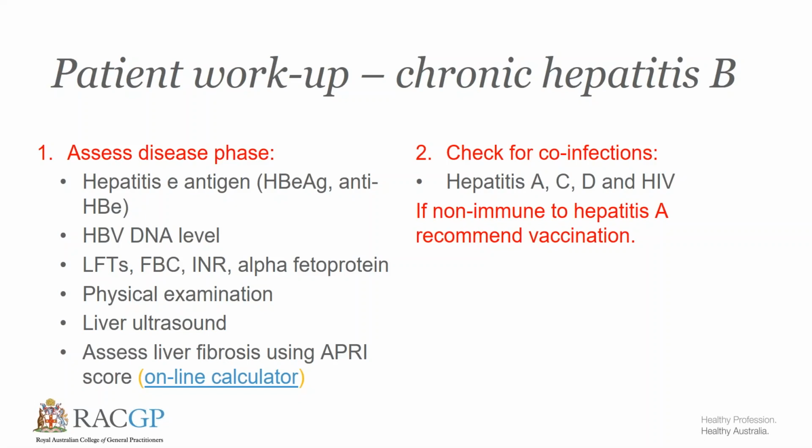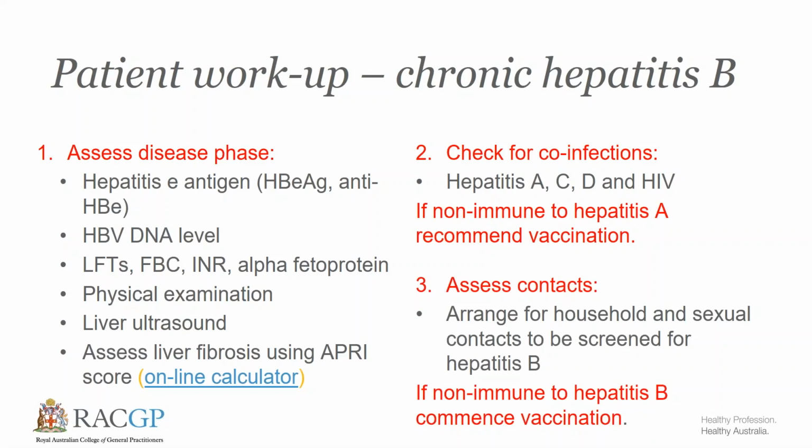And if he's not immune to hepatitis A, then it's really important to vaccinate him, because if he has chronic hepatitis B and catches hepatitis A, that can lead to fulminant hepatic failure. So an important preventive measure to do right up front.